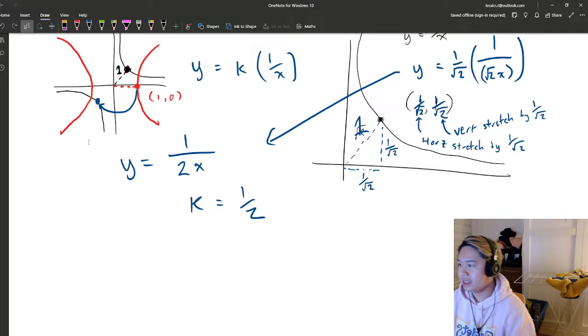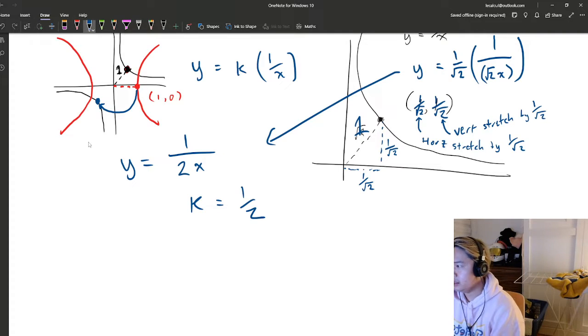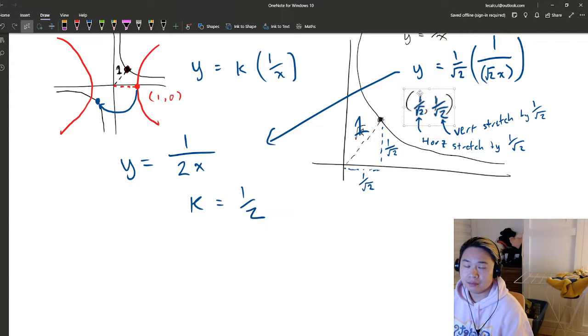If we needed it to become positive 1 over root 2 and positive 1 over root 2, sorry, this is messy, but hopefully you understand what I'm saying.